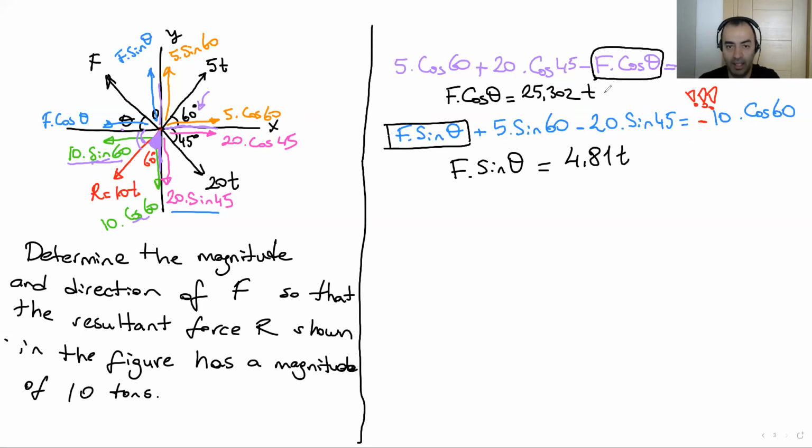We have the sine and cosine components of F, right? Now, the question is not the sine component or cosine component. The question is F. What is the magnitude and what is the angle? That means direction. So if we write these equations here, let's have a look at all these equations.